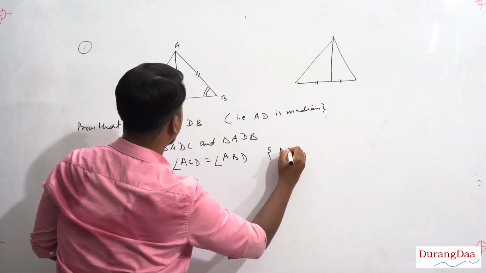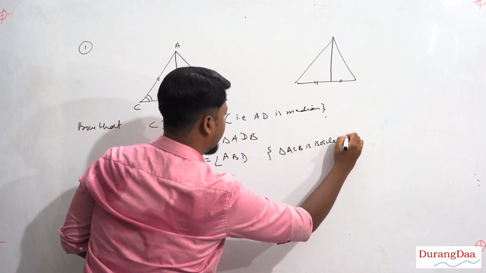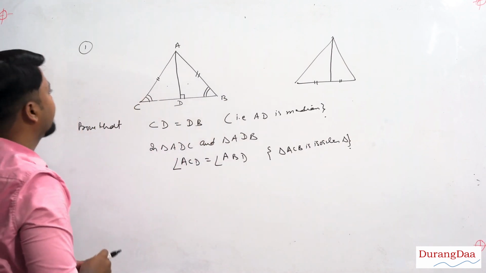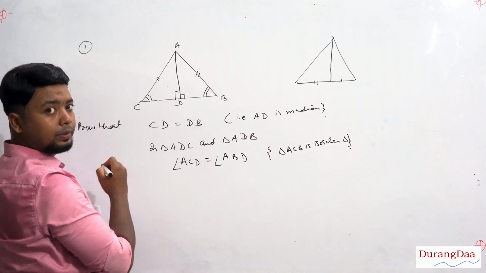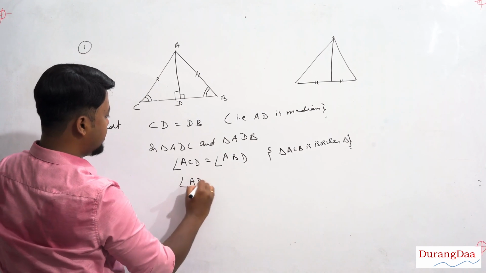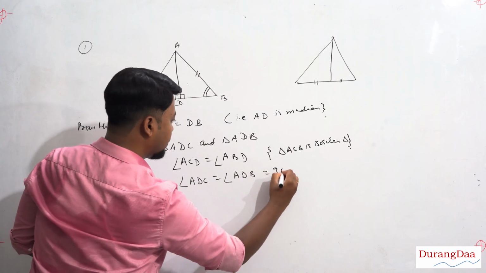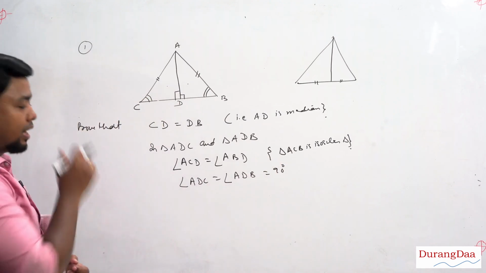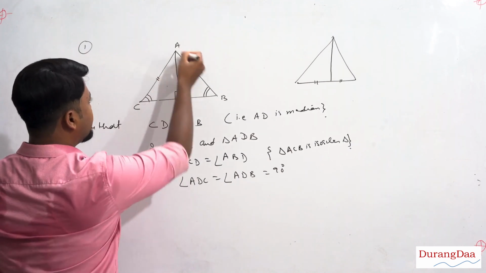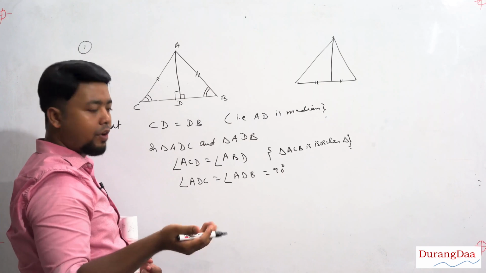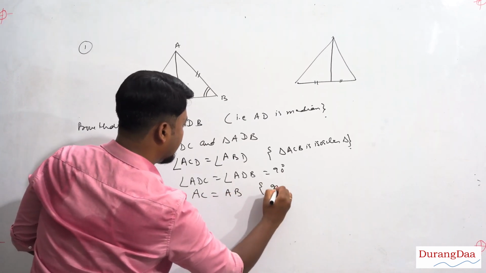Reason is triangle ACB is an isosceles triangle. Second, if this is 90 degrees, this angle also has to be 90 degrees. So angle ADC equals angle ADB equals 90 degrees. Both are 90 degrees. And third point would be AC equals AB. This information has already been provided. So, it is given.